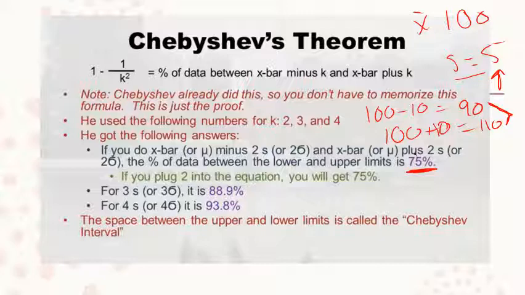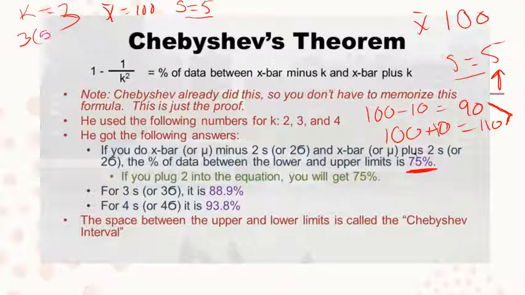We're using the same mean of 100 and standard deviation of 5. If k equals 3, that means we're going to use 3 5s, or 3 times 5, which equals 15.